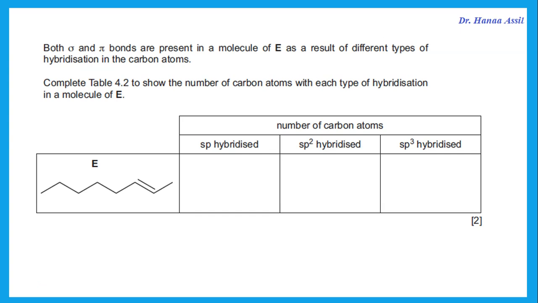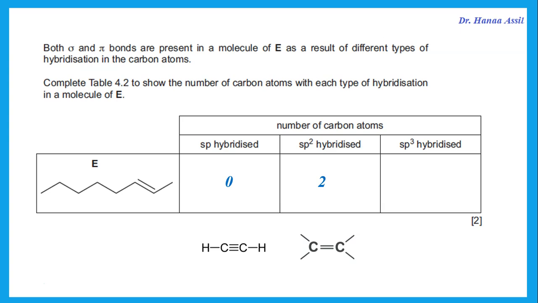Show the number of carbon atoms with each type of hybridization. I'm going to remind you again: sp means a triple bond, sp2 means a double bond, sp3 means a single bond. So sp is triple. Do we have any triple bonds? We don't, so we don't have any sp hybridized orbitals. What about sp2? sp2 is the one in which we are making 3 sigma and 1 pi.